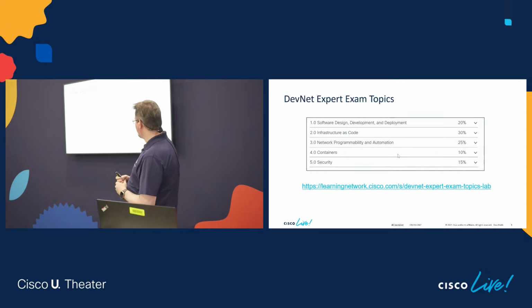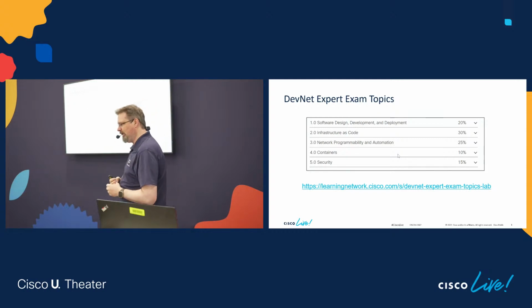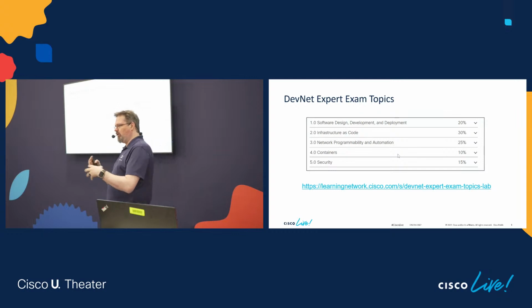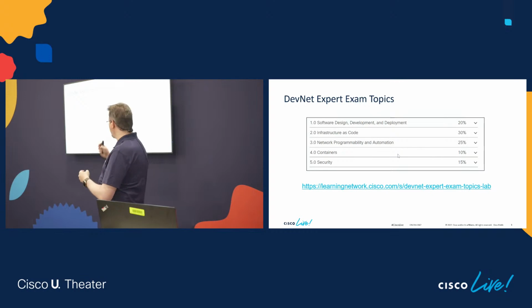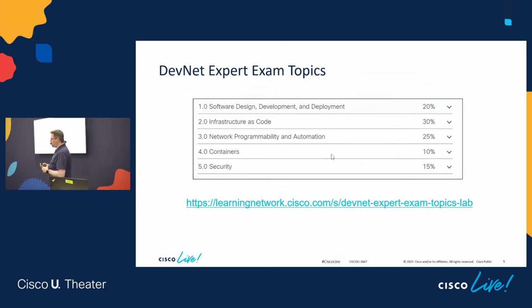First, we have the software design, development, and deployment domain. As the name already says, you can expect a lot of the design section to be in this. This will be about developing software solutions based on performance, on availability, and stuff like that. There's a part of the CI/CD pipeline troubleshooting in here.